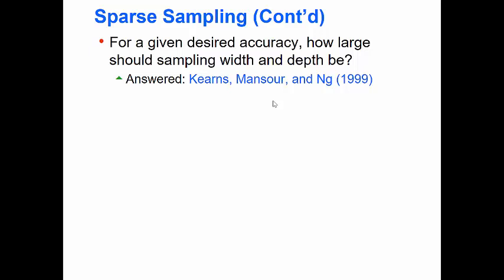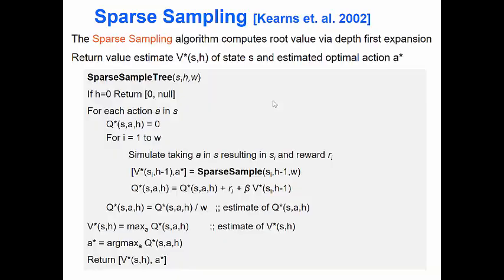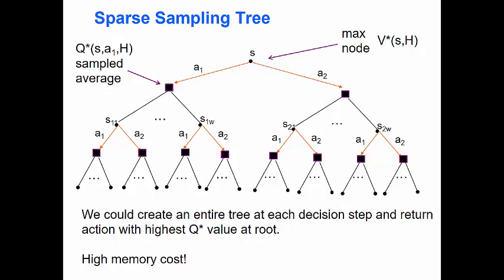The way they're able to get away with that is this W. If you apply the Chernoff bound recursively, working up this tree, you can figure out how big W, this sampling width, needs to be so that you guarantee that the values you get at the root are close to the optimal values. It's just a mathematical analysis of that process, bottom up, of how the errors add up as you go up the tree.